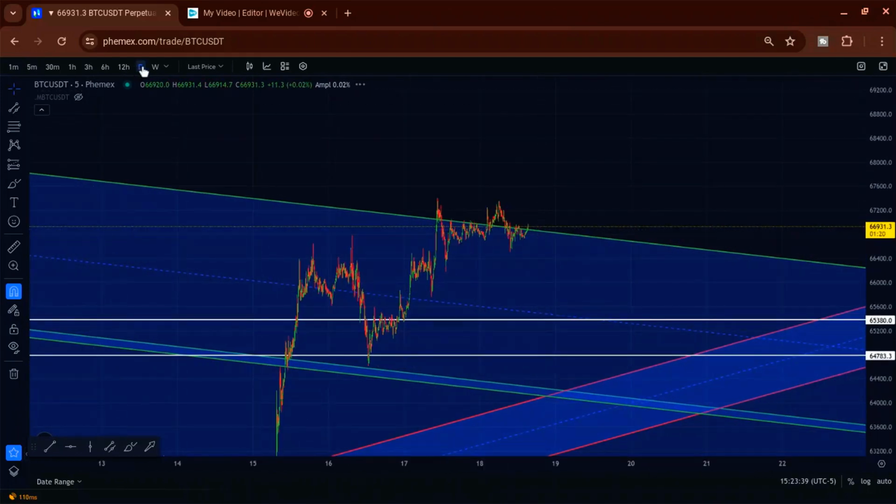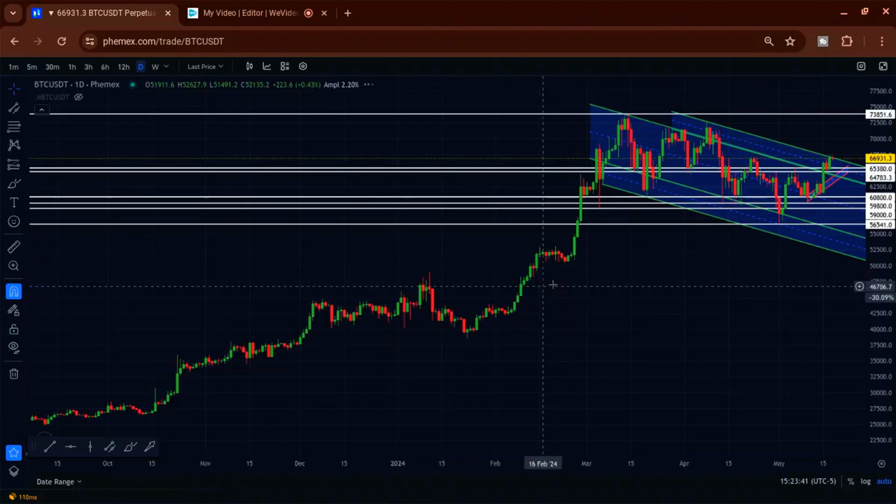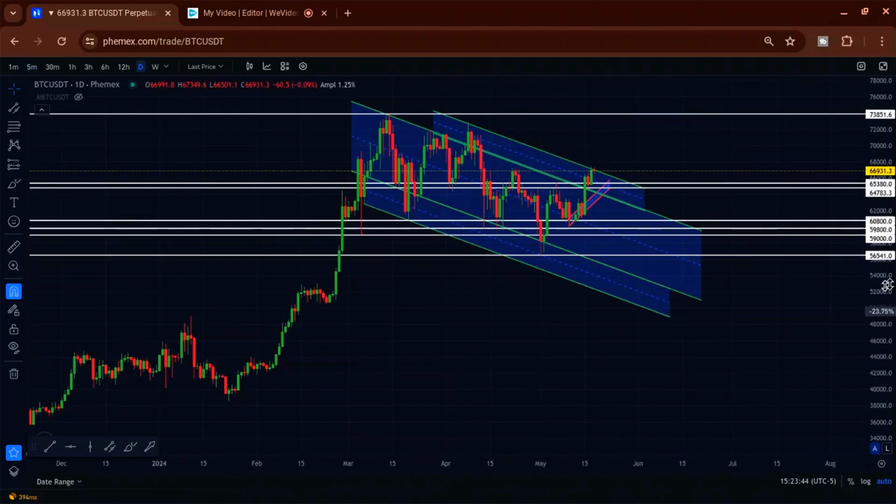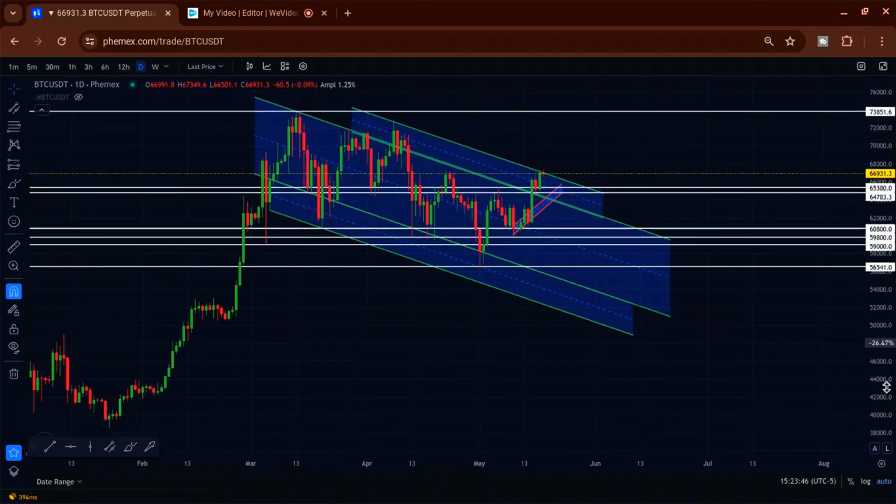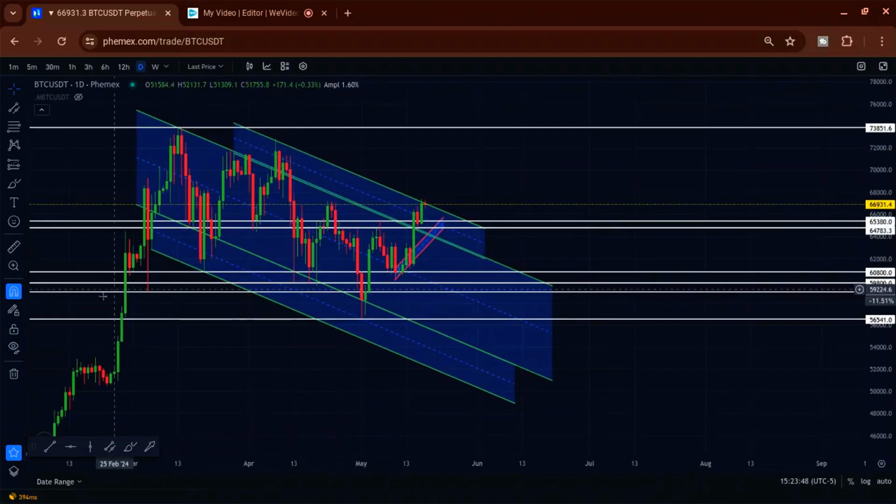Go back out to the daily. If the price of Bitcoin comes down in that bull extension, and we're able to form, and I shouldn't even talk about this, but if we're able to form like a steep green channel in here like this, I'd get really interested in looking at that.